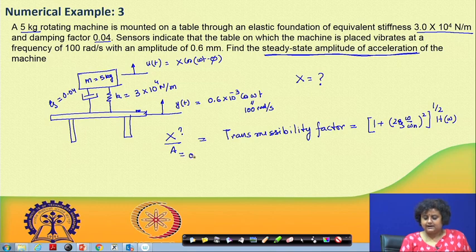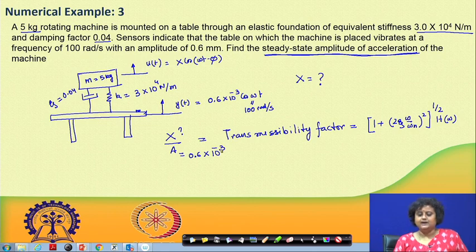A is nothing but 0.6 millimeter or 0.6 into 10 to the power minus 3 meter.